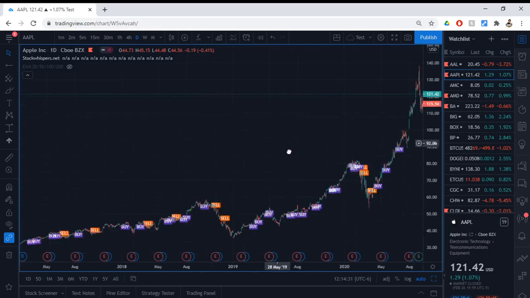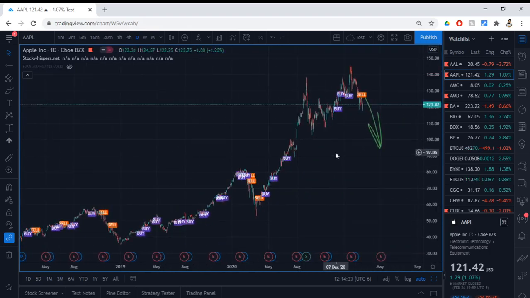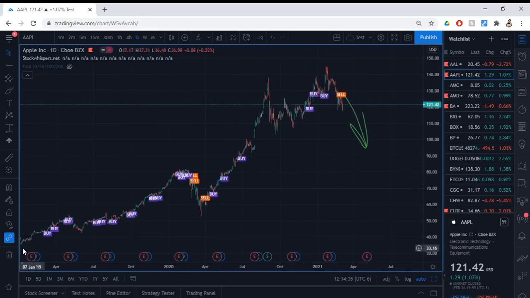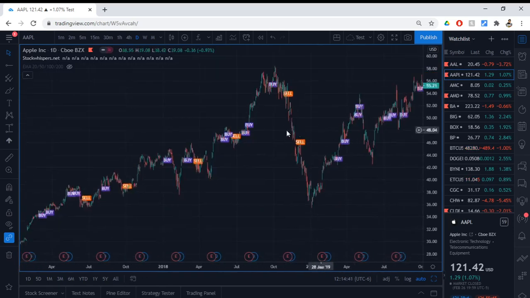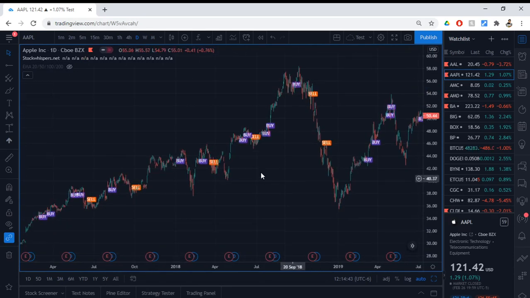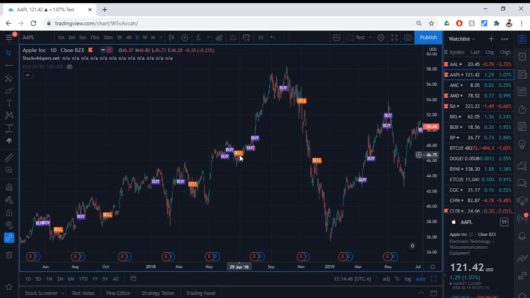This is a perfect scenario from 2019 till now. But if you looked back at 2018, you got a sell here. It wouldn't have worked out too well. Then you got buys. This was a pretty bullish time for Apple as well. A sell, you're probably trading against the trend anyway.